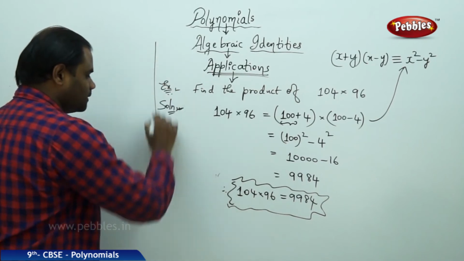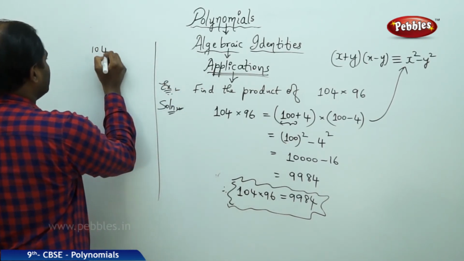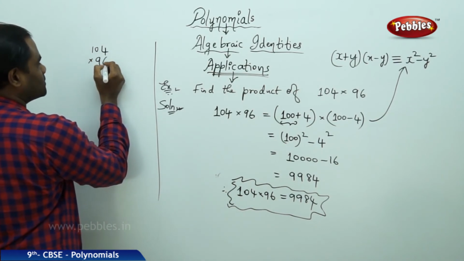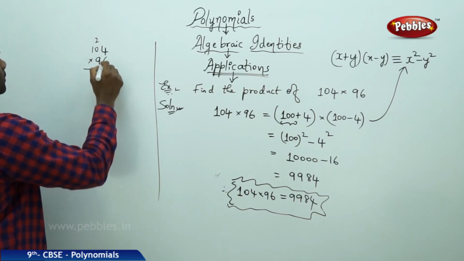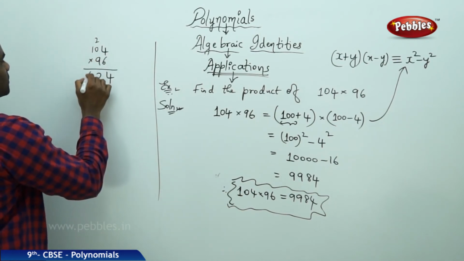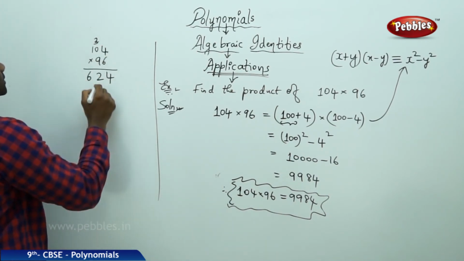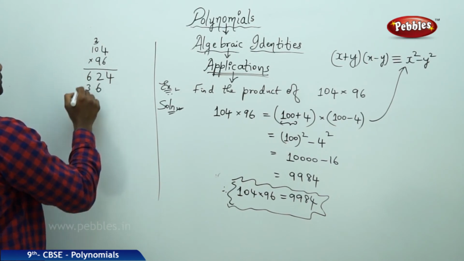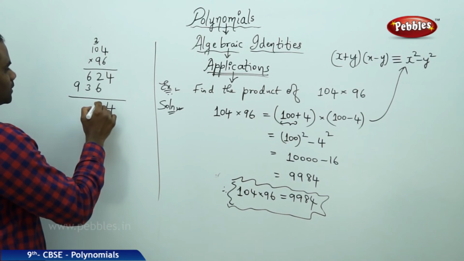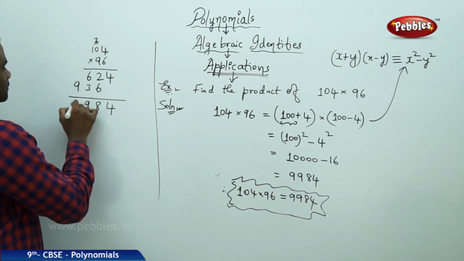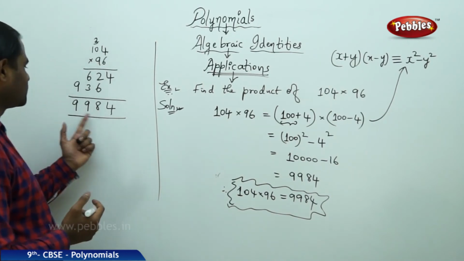As clearly we see here, when I multiply 104 with 96, I get 6 times 4, which is 24, and 6 ones, 6. Next, 9 fours, 36, 9, 3, and 9, which when added gives me 9984.